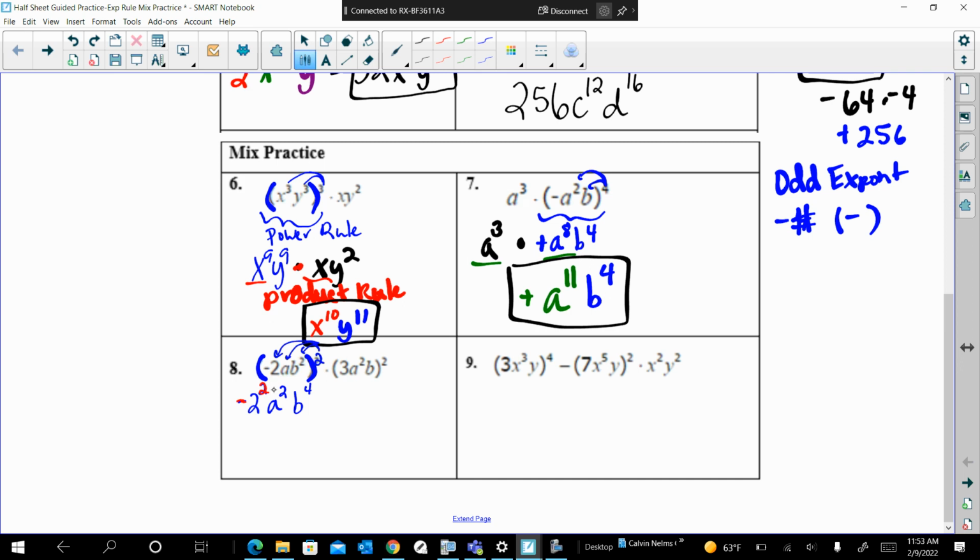And 2 is even. So what does that number turn into? +4. So our final answer would be 4a squared b to the 4th on this part, just for this set of parentheses.